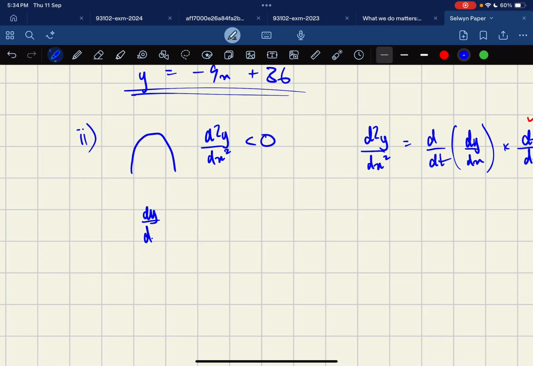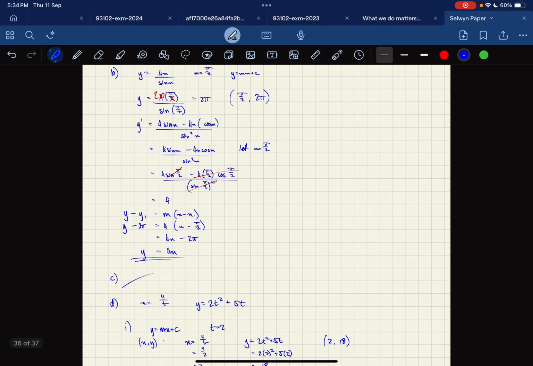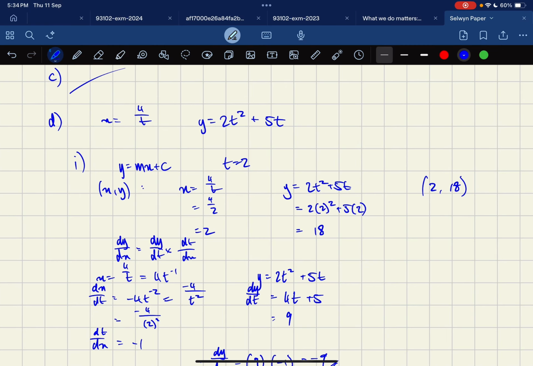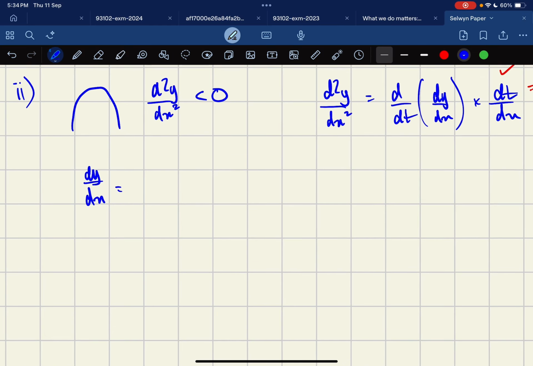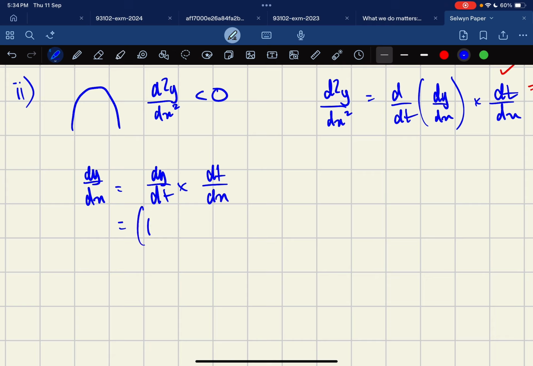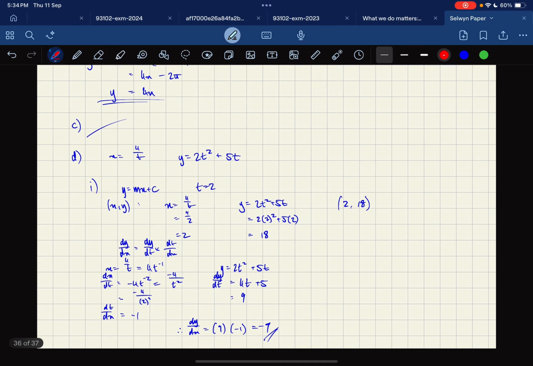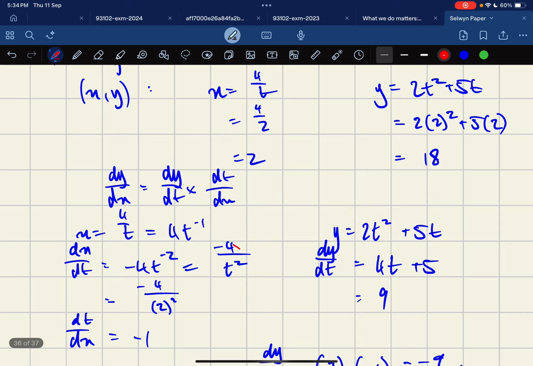So dy over dx was given by dy over dt times dt over dx. dy over dt we saw as 4t plus 5. And then dt over dx is going to be the reciprocal of this expression here.